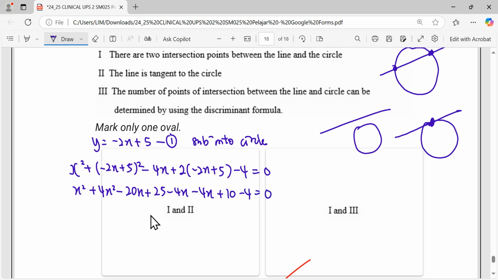And this quadratic we rearrange. We have 5x squared. How many x here? You have negative 20 minus 4 minus 4, negative 28x, and constant 25 plus 10 minus 4.